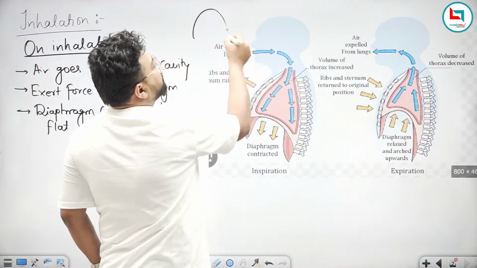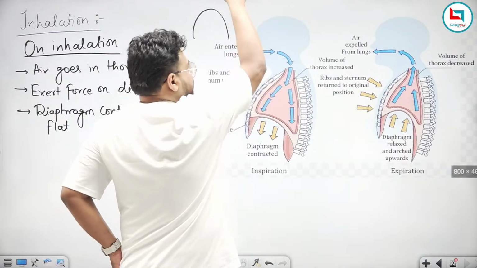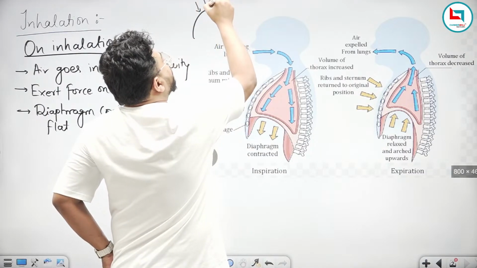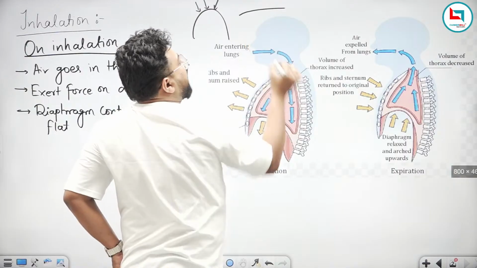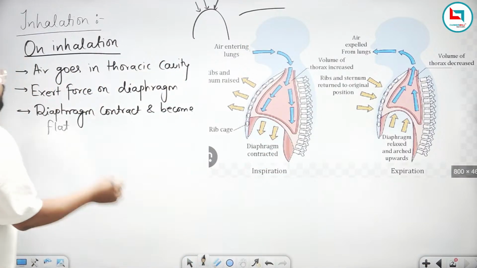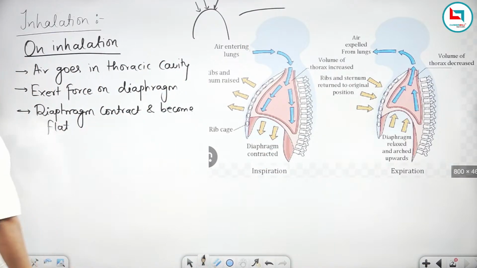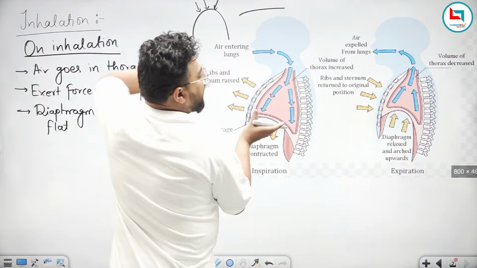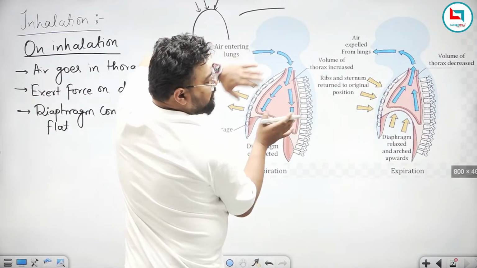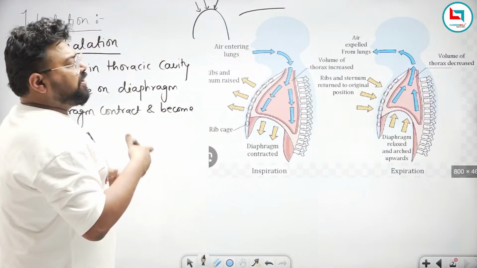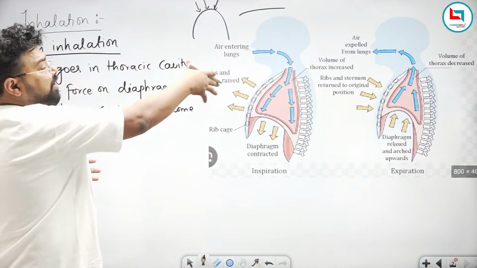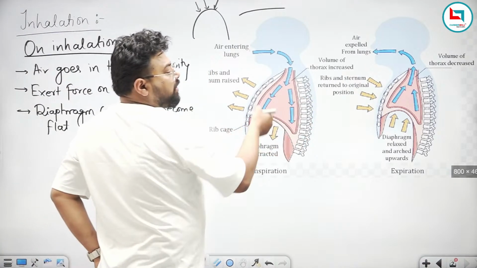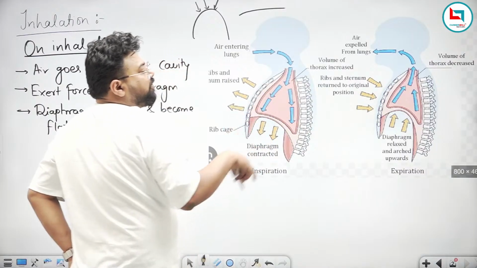Means it is dome shaped, and after the force is exerted by the air, it will become a flat structure. Now, due to the diaphragm becoming flat, the thoracic cavity, which is the chest region of our body, the cavity which is present over here, gets a little more space.